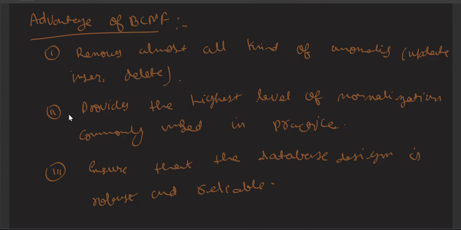So let's summarize. It removes almost all kinds of anomalies like update, insert, and delete, and it provides the highest level of normalization commonly used in practice. The next is ensure the database design is robust and reliable. Okay, so I hope you got some advantages.